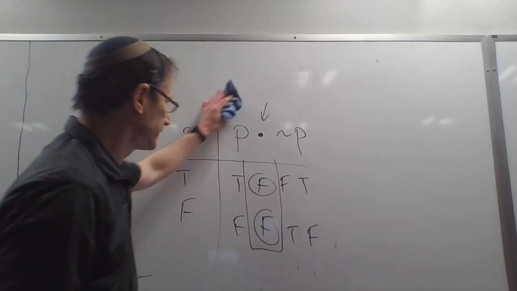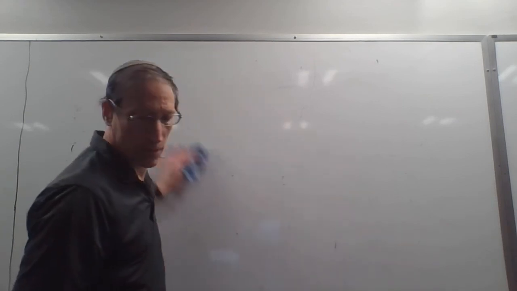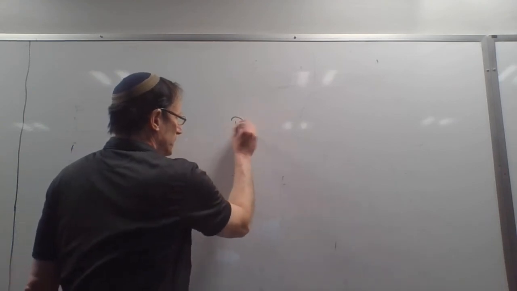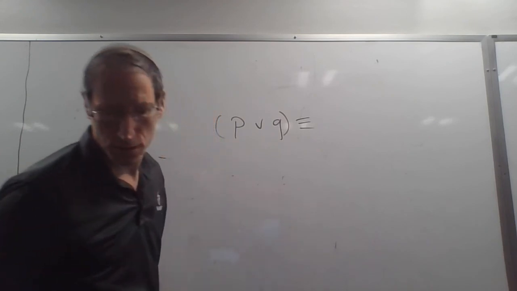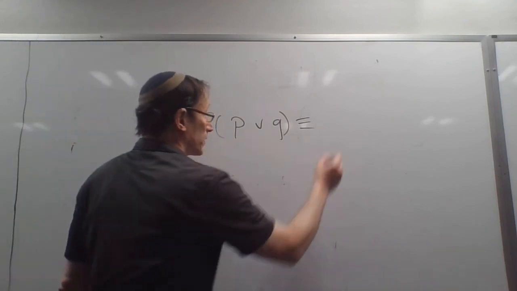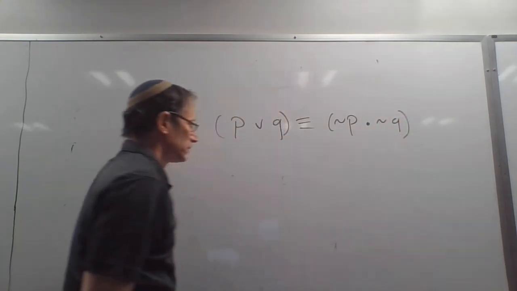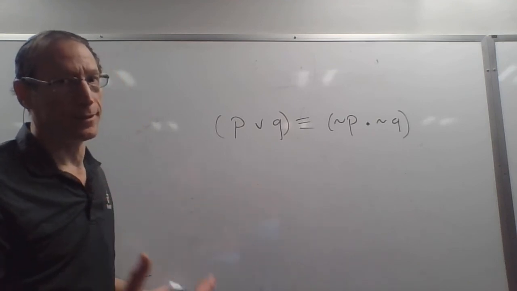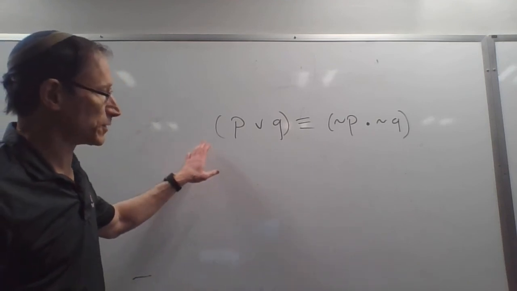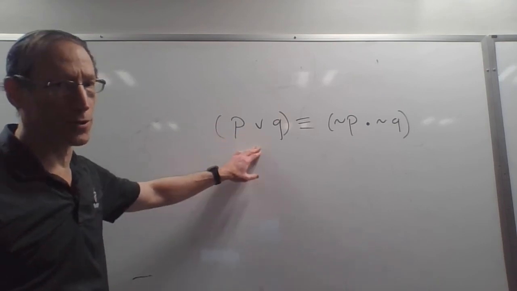I think this is what I was trying to get at earlier, but let's try this statement. I'm going to switch it up a little bit from what's in the book. P wedge Q, biconditional, not P and not Q. This should be a contradiction, because, look, P wedge Q says either P or Q is true.